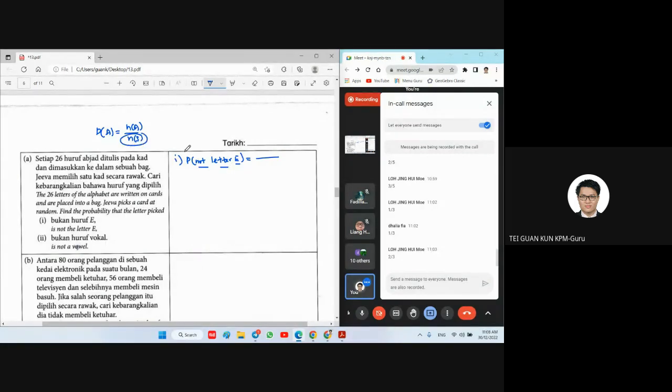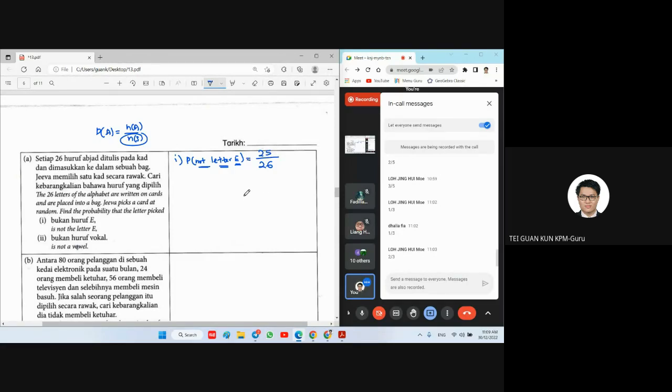How many letters in total? 26. So the number of sample space is 26. Out of the 26, those that are not the letter E. How many letter E are there? 1. So how many are not the letter E? 25. So the probability of not letter E is 25 over 26.